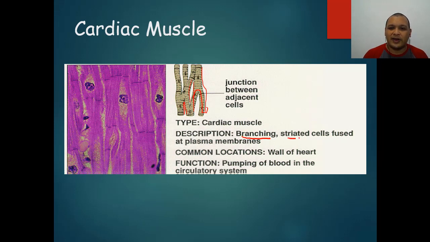And then it has striated cells. What is striated? It has tiny little lines here, and we call this striated. The common location, again, is the wall of the heart. The function, which I believe everybody knows, is pumping blood into our circulatory system, to transfer the blood to our entire body.